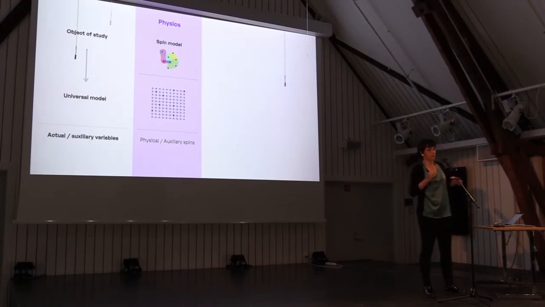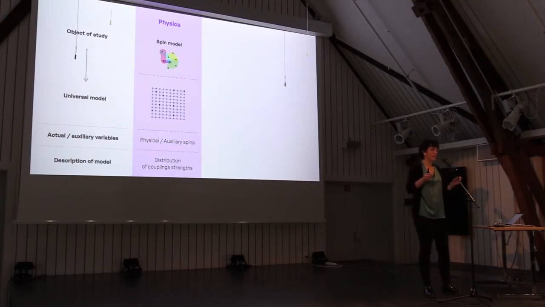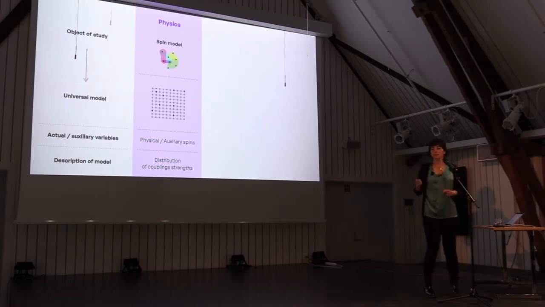You have actual and auxiliary variables, as in physical and auxiliary. And the description of the original model takes the form of the pattern of coupling strengths and spin configurations that you plug in your 2D Ising model. That is the program, if you want. That is telling the 2D Ising model with fields which spin system it has to simulate.